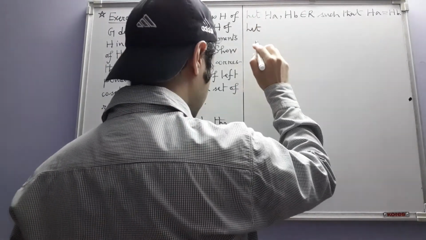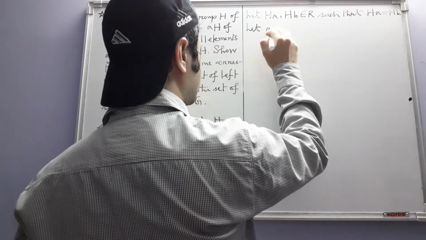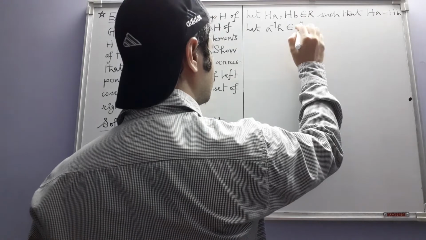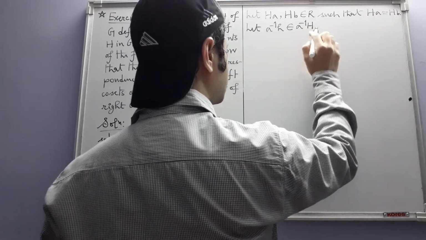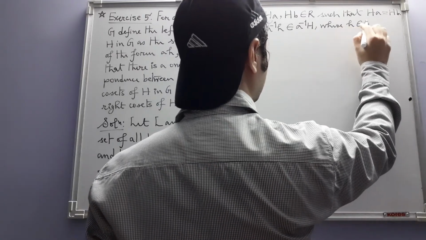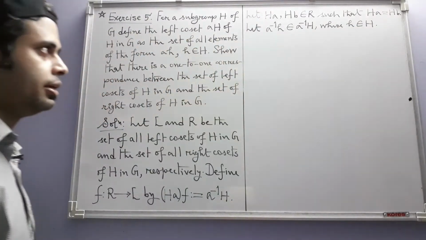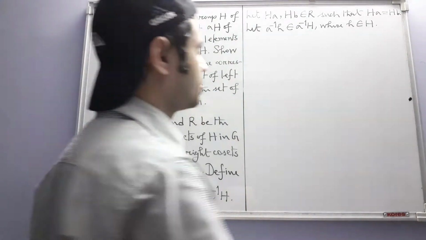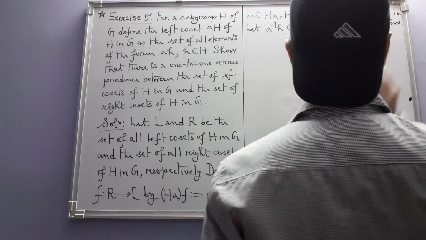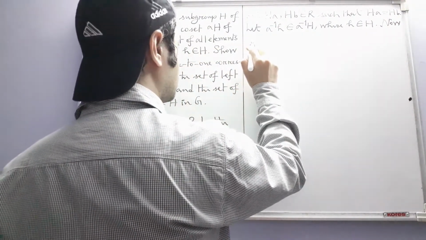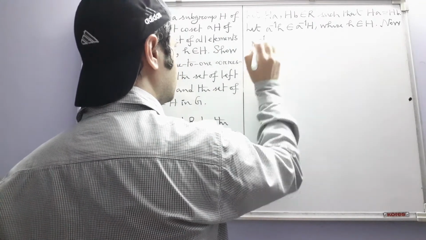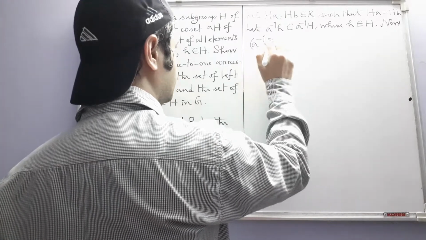So for that we consider an element. Let a inverse h belong to a inverse H, where h belongs to capital H. Now what happens to the inverse of this element.